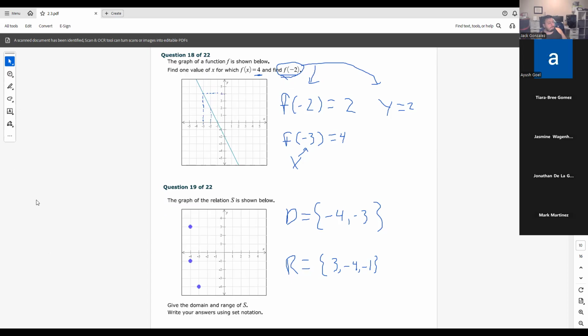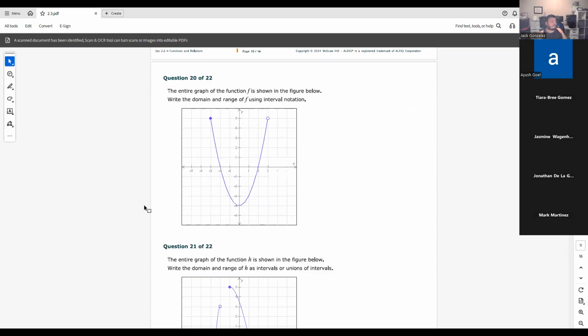No. Okay. 20. What's the domain? Actually, it's going to be an interval, not a set. What's the lowest x? Because that always goes first, the most negative or the lowest, right?